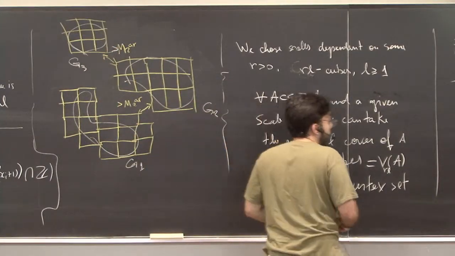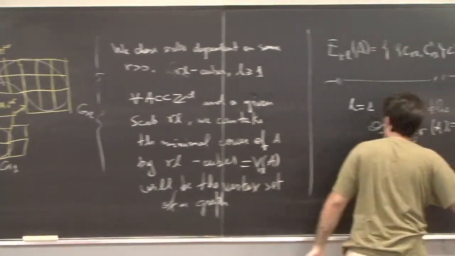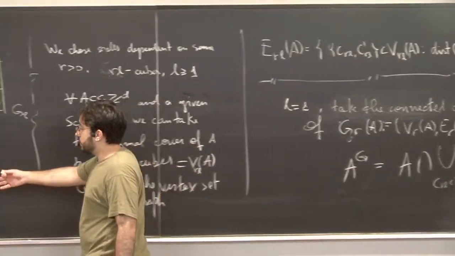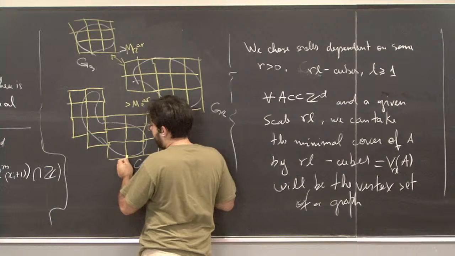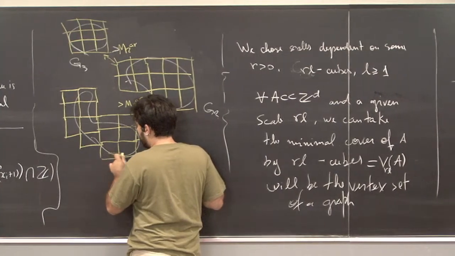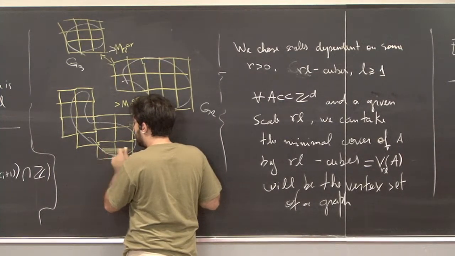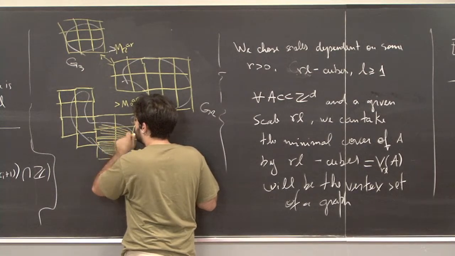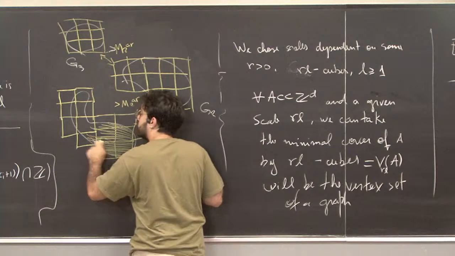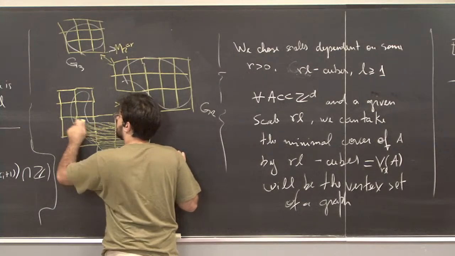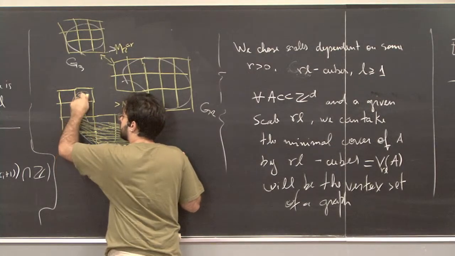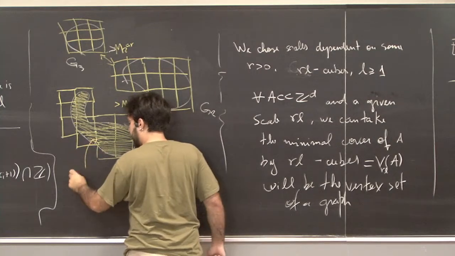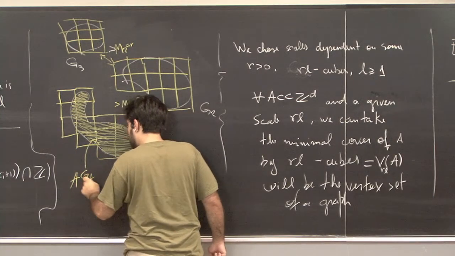And then what this set is doing is that given a connected component, G1 for instance, then you intersect the part of A that is covered by the cubes in the vertex set of G1. So this will be AG1.